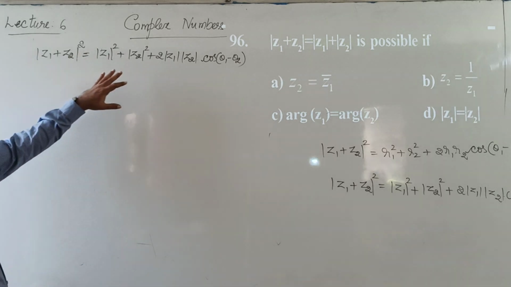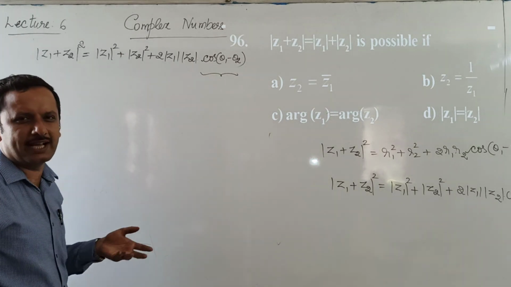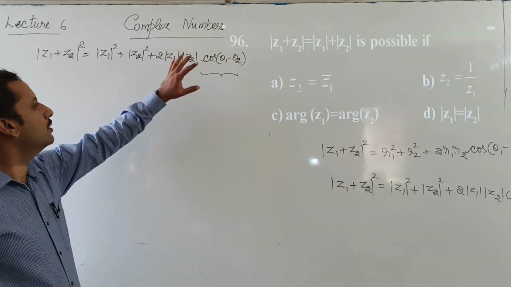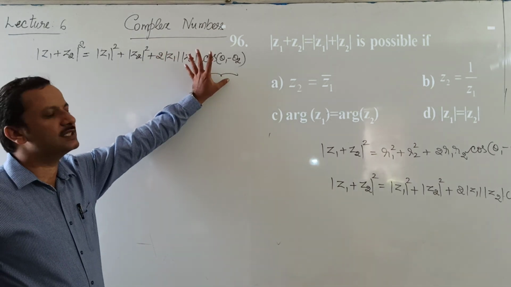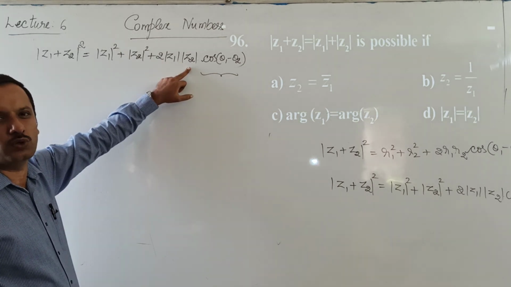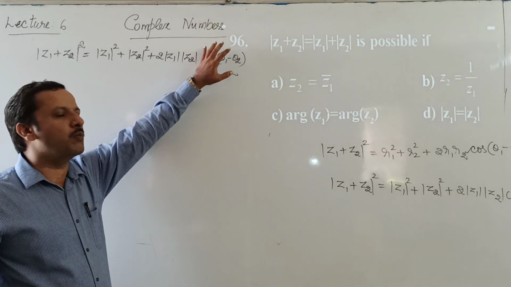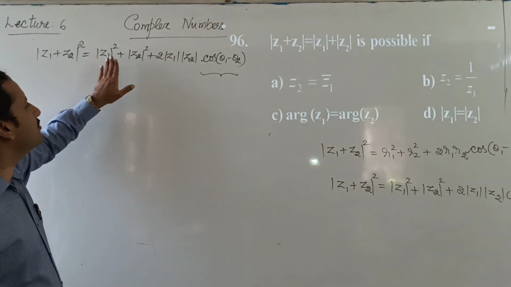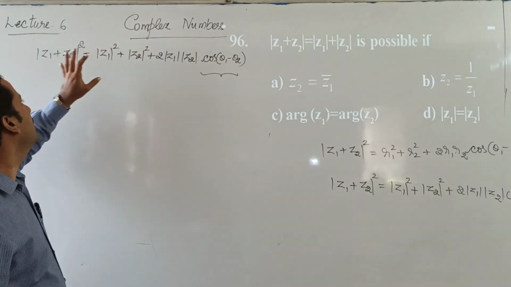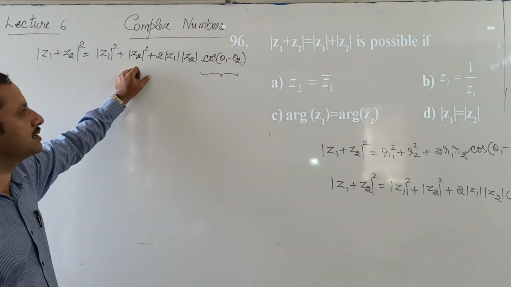Now this expression, cos of (theta 1 minus theta 2), cos of any angle, is always less than or equal to 1. So this product is always less than or equal to 2 mod z1 mod z2. When this is equal to 1, then this will become (mod z1 plus mod z2) whole square, so we can write modulus of z1 plus z2 as mod z1 plus mod z2.